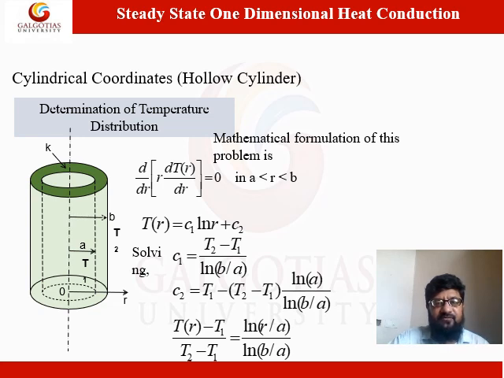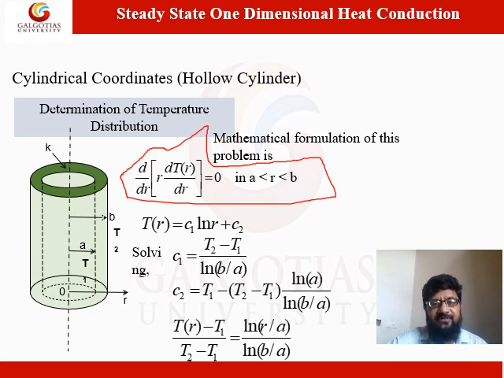For the mathematical formulation, from the fundamental equation of conduction, and because there is no heat generation, we get in polar coordinates the governing equation as d by dr of r dT by dr equal to 0, where T is the temperature variation in the radial direction.